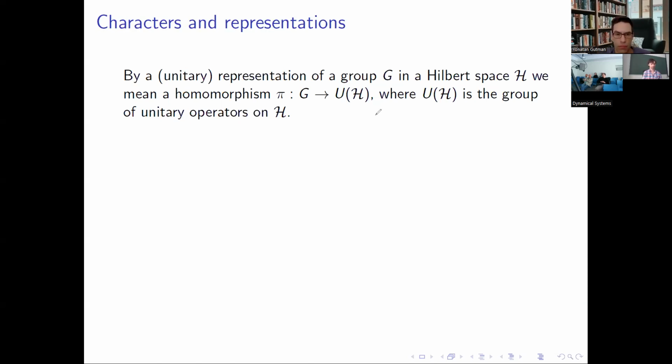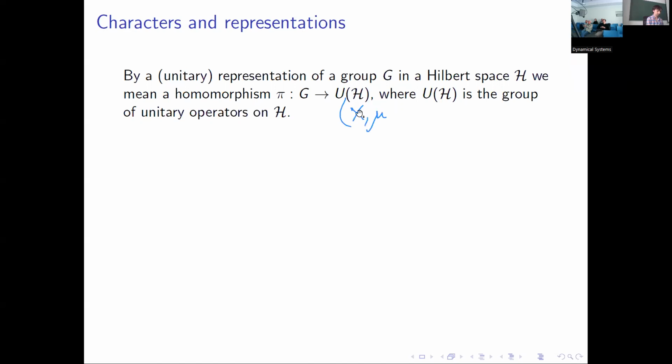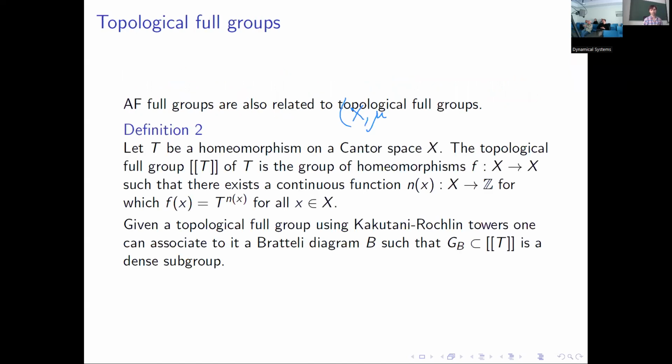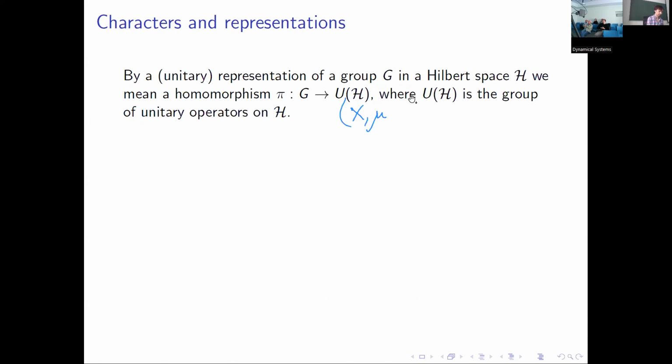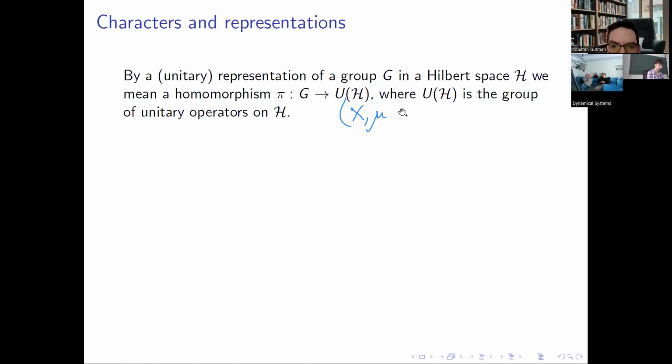Having a dynamical system, consisting of a space X with measure mu on it, and a measure preserving action of group G, we can consider the space H equal to L2 of X, mu and define the action of G on the functions by shift.